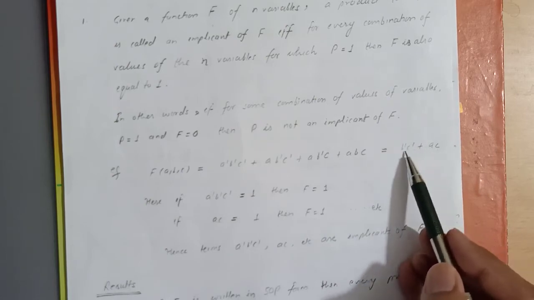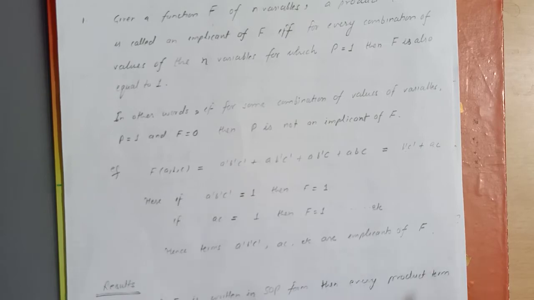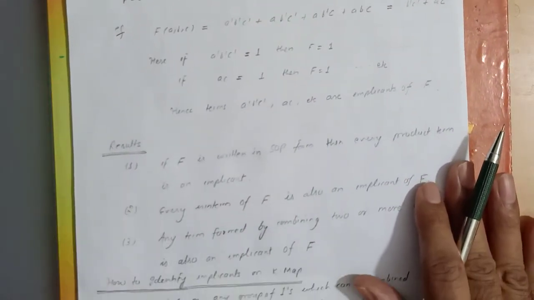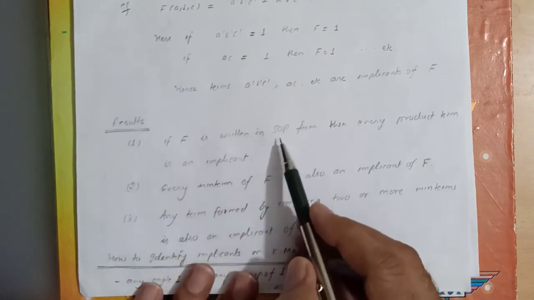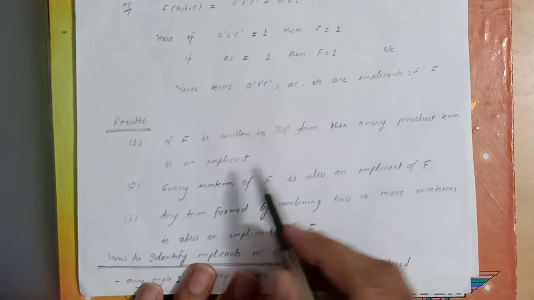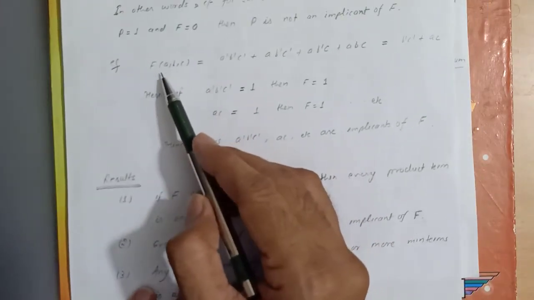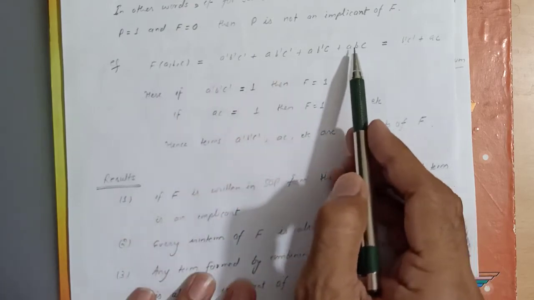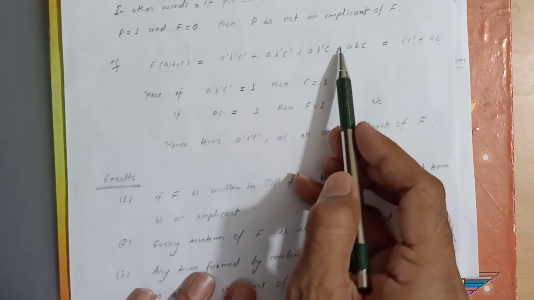So these two terms are also implicants of f. In the case of implicants, we have to remember that if any function is written in the form of SOP, then every product term is an implicant. So if any expression is written in SOP form, then each term is an implicant of f.